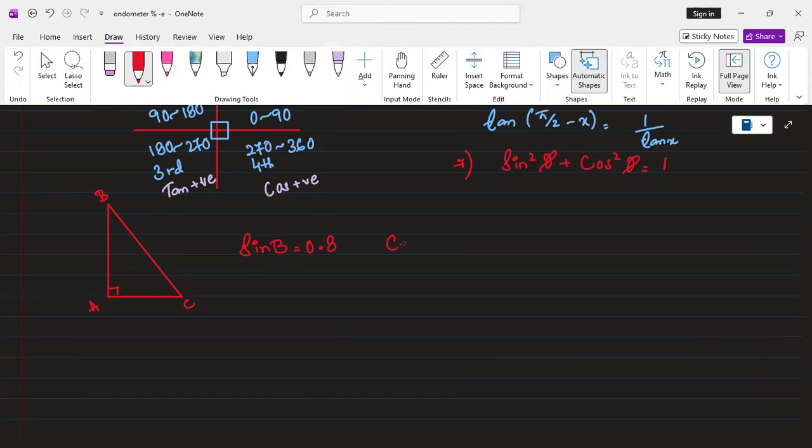Now, can you tell me what is the value of cos B? This is an example question, which is actually a set question. The value of sine B is provided to you, and they are asking what is the value of cos B. So can somebody tell me what is the value of cos B?